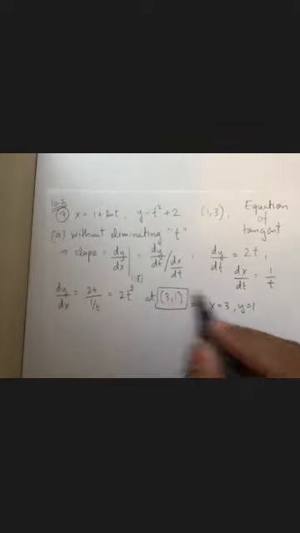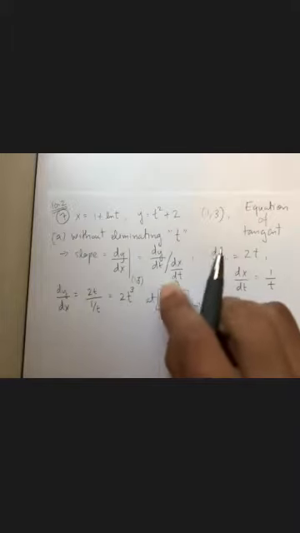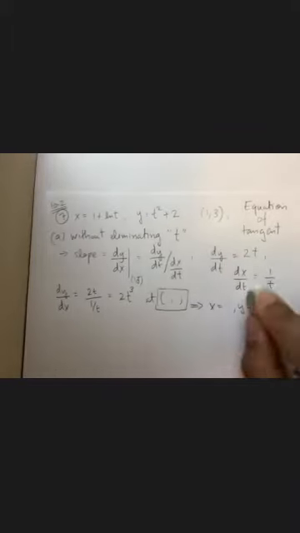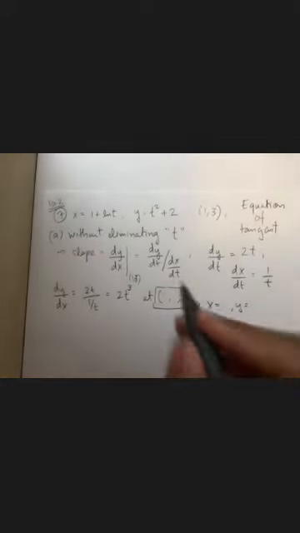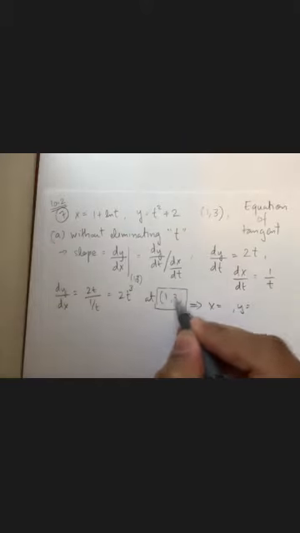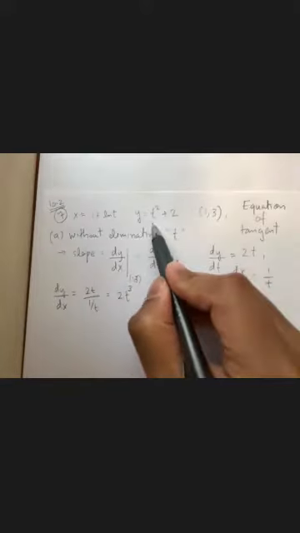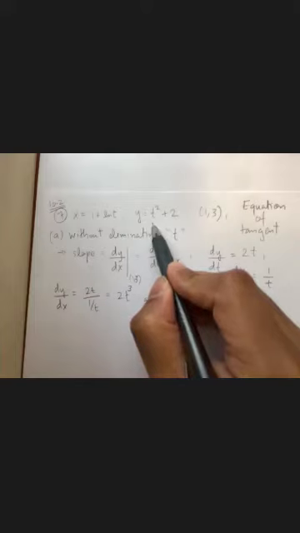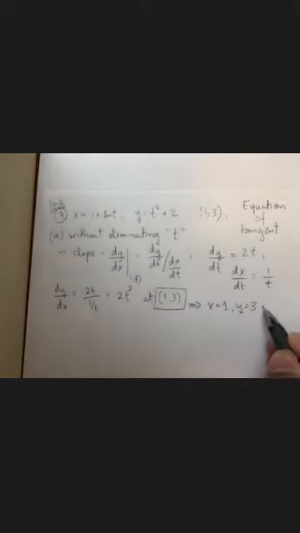This is actually 1, 3, not 3, 1. Right, so this means x is 1, y is 3. So if you look at the equation, y will be 3 when t square is 1 and x will be 1 when ln t is 0. So this means your t is 1.